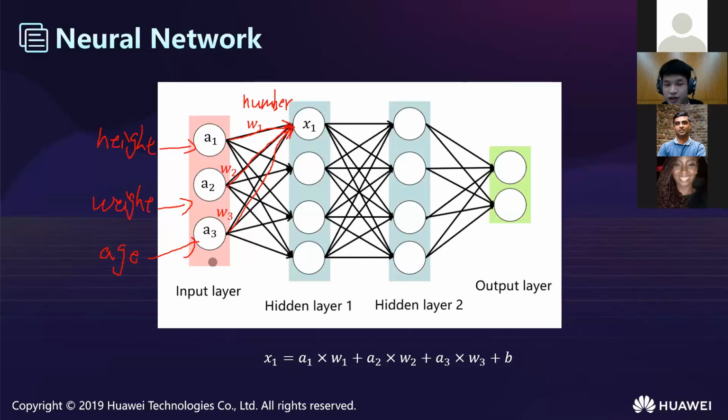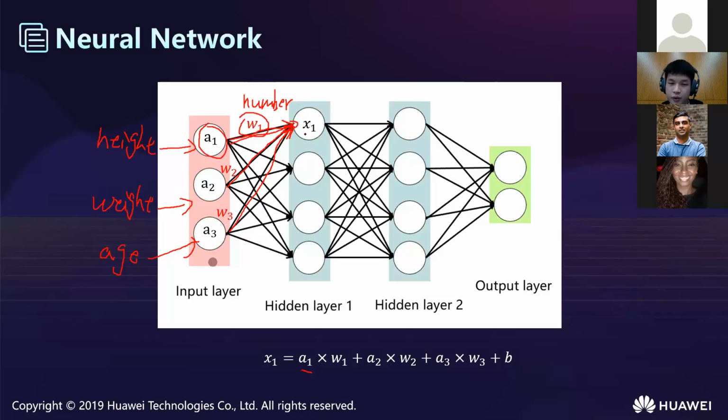Yes. Okay, thank you. So each neuron is a number. And how to calculate the value of X? We can just use A1 multiplied by W1, plus A2 multiplied by W2, plus A3 multiplied by W3, and plus there's a bias of each neuron.